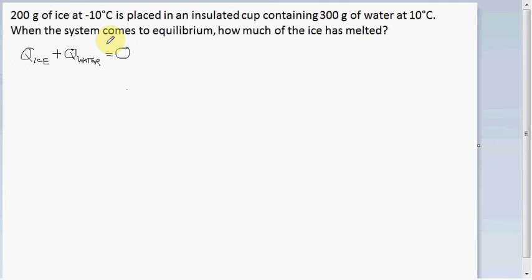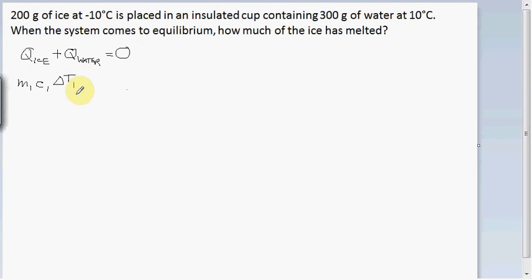Now the amount of heat gained by the ice is going to have two parts. First of all, the ice starts out at minus 10 degrees Celsius, and before it can melt, it's got to go up to 0 degrees Celsius. So the amount of heat we add to the ice to raise its temperature to 0 equals the mass of the ice times the specific heat of ice times the change in temperature of the ice.